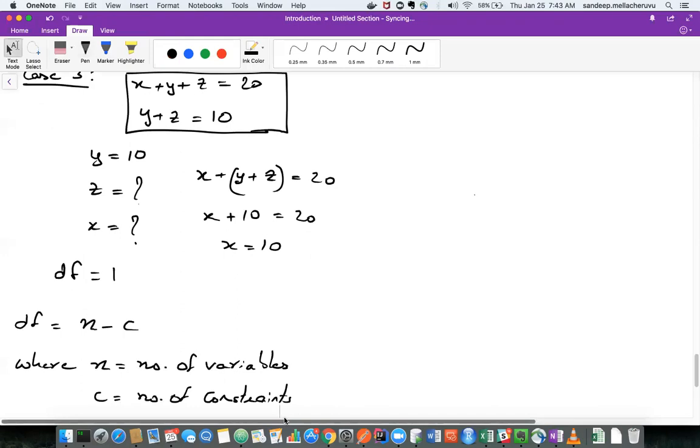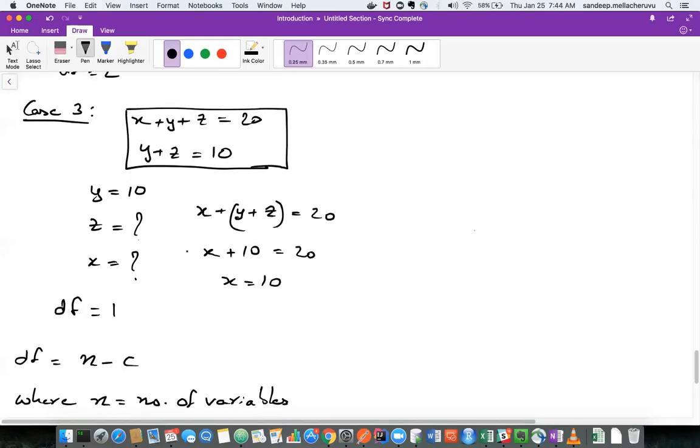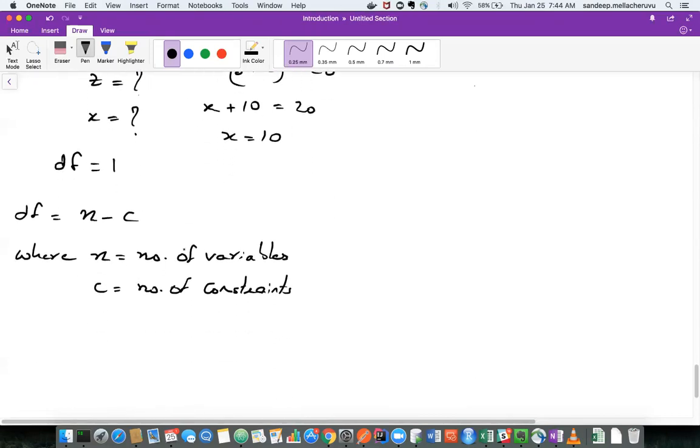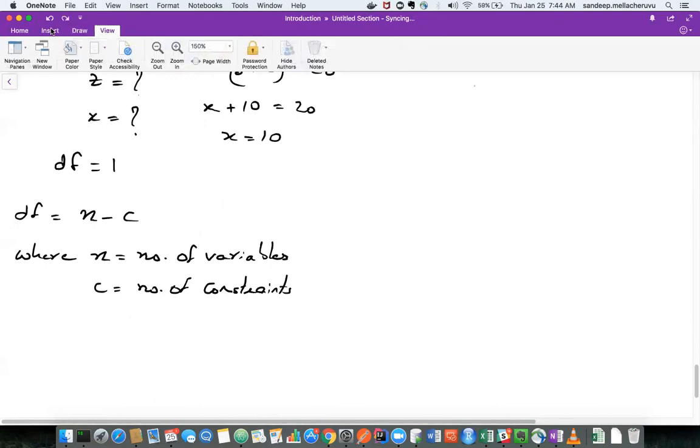When I say constraints, it is nothing but the number of equations. Can I say that? Let's go back and check. It's a generic formula I'm trying to put forward. Is it working or not? We'll see.